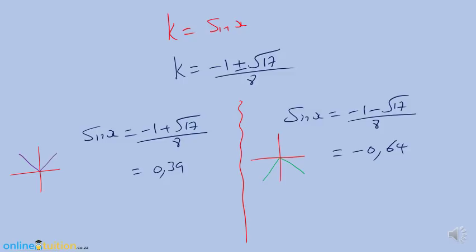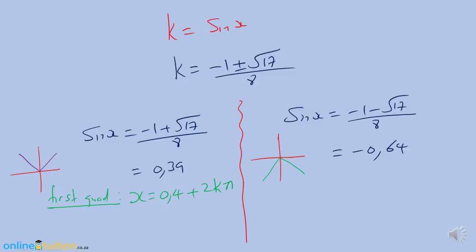I'll give you an idea very quickly. The first solution, 0.39. So you go inverse sine of 0.39, and that's going to give me an answer in radians. So in the first quadrant, x is going to be 0.4 radians plus 2k pi.